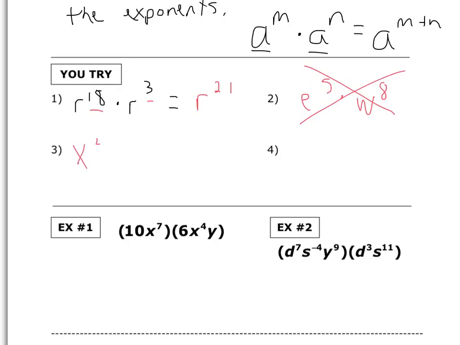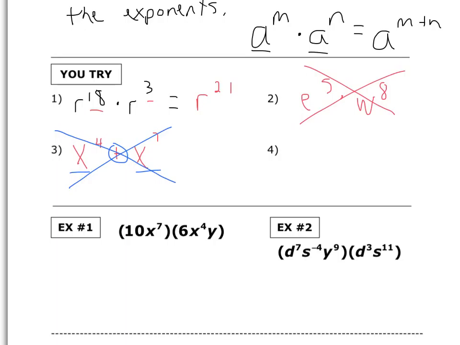Okay, let's try two more. Got x to the 4th plus x to the 7th. Well, this time you got the same base, which is great, but you're not multiplied. So since you're not multiplied, we can't use product of powers.